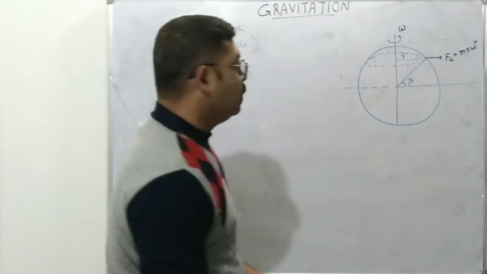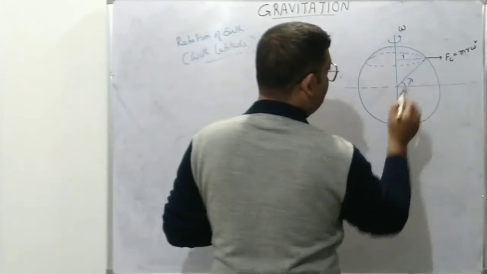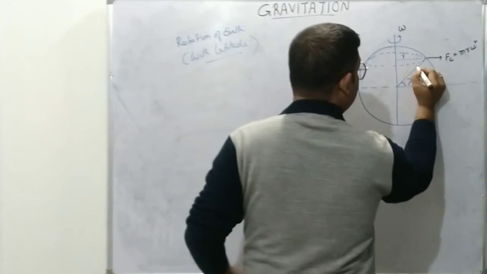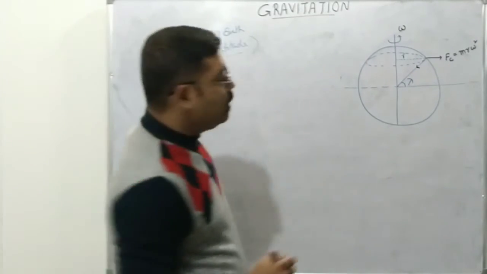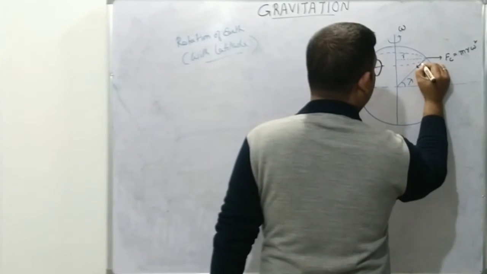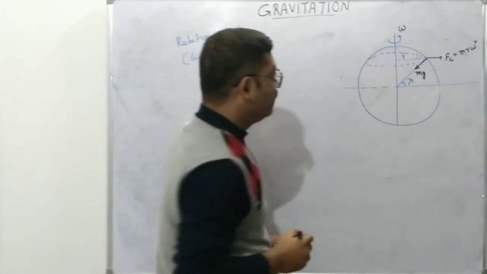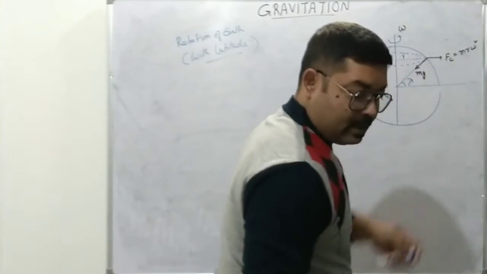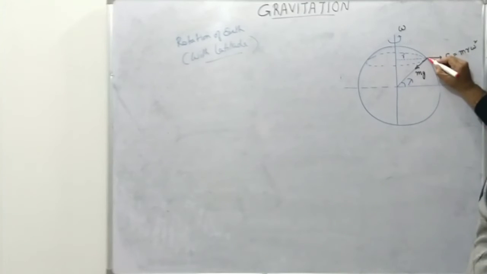Now, due to gravity, any object placed at this particular latitude will be pulled towards the center of the Earth. So mg will always act along this, radially inwards, right? So this will be our mg, the force of gravitational attraction. However, this centrifugal force that is acting on it will have two components.